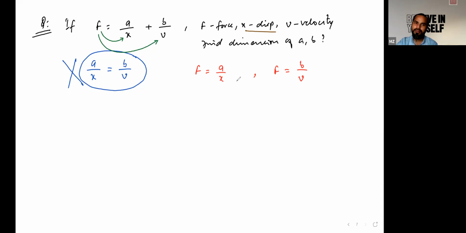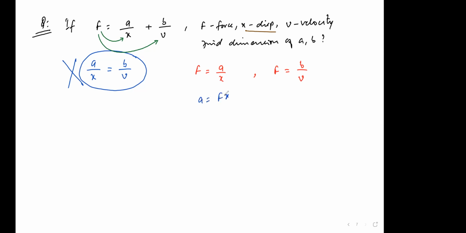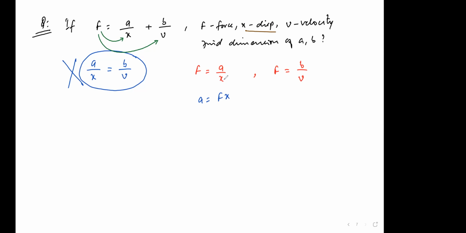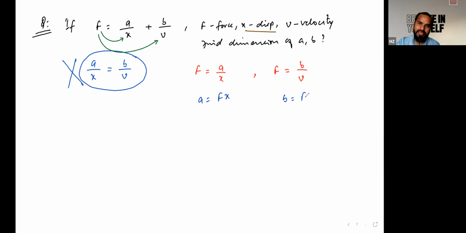So on simplification, it would be A is equal to F times X. We are not shifting the denominator to numerator or numerator to denominator. We are just taking cross multiplication of them. Similarly, you can write B is equal to F times V.